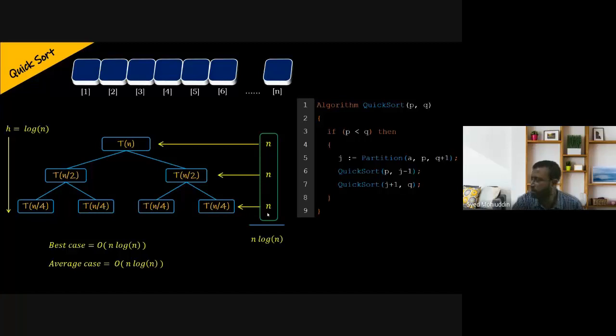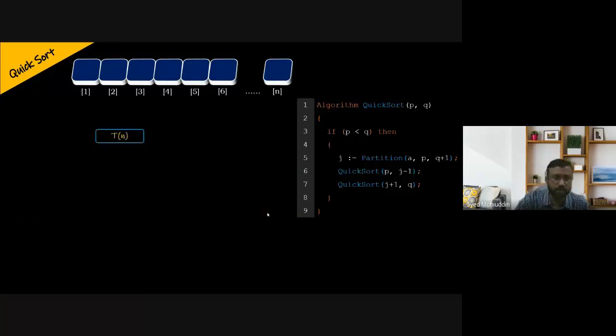Now the worst case is when the elements are already sorted. That is, when the elements are already sorted and we try to perform quick sort, the time complexity will be worst.